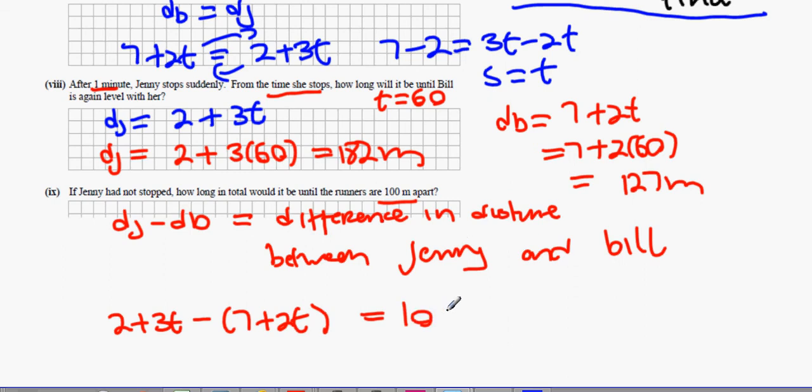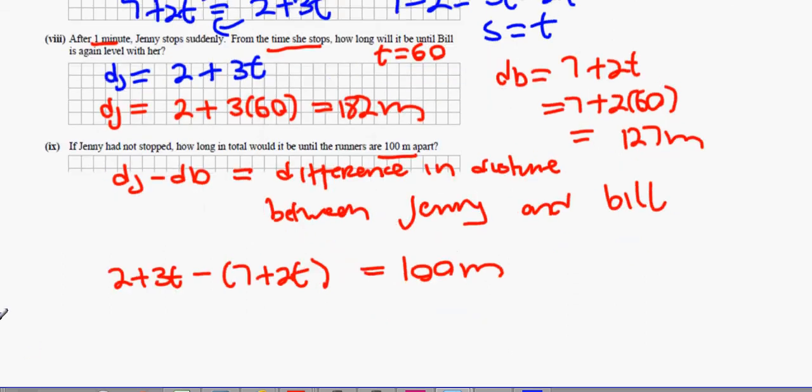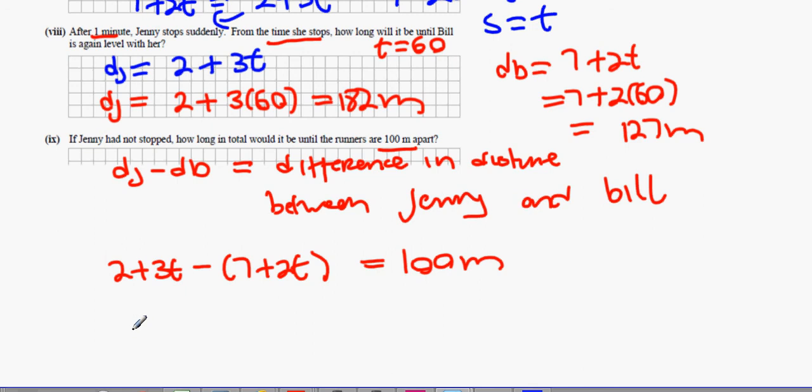So what we do next is plug this in, and we get 2 plus 3t minus 7 minus 2t equals 100.